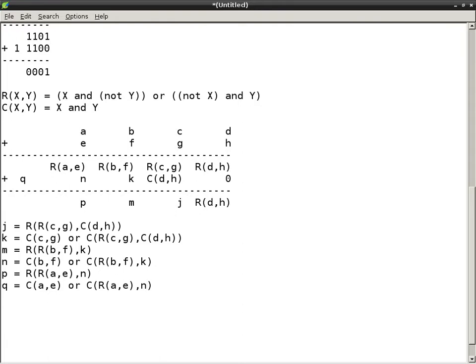Does this match the second column, having 3 inputs and 2 outputs? Let's count. Input 1, input 2, those are the inputs from the original numbers that we're adding. The third input is the carry from the previous digit. It has 2 outputs, the result itself, and then the carry to the more significant digit.